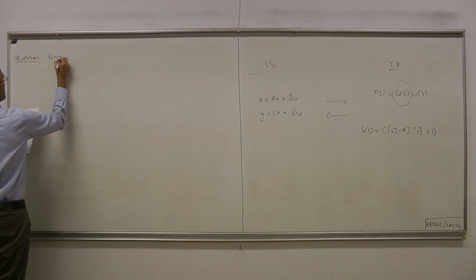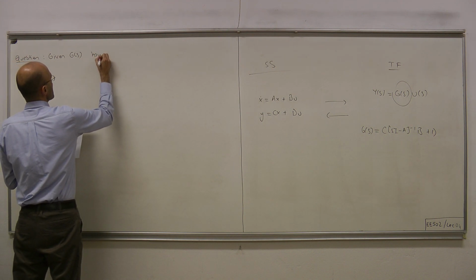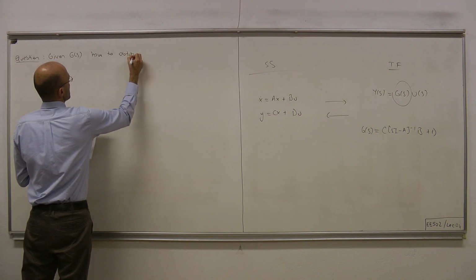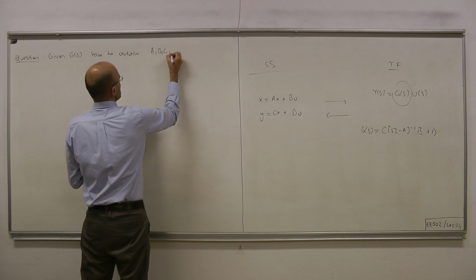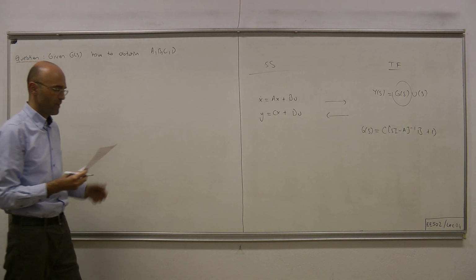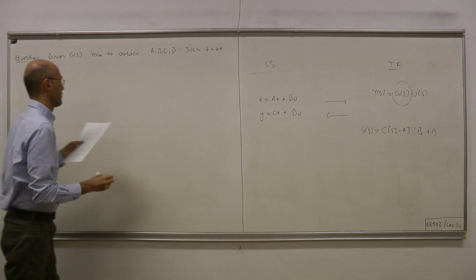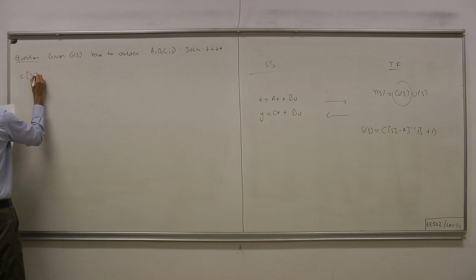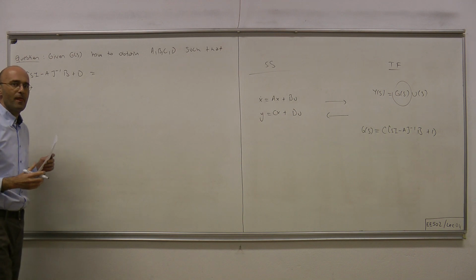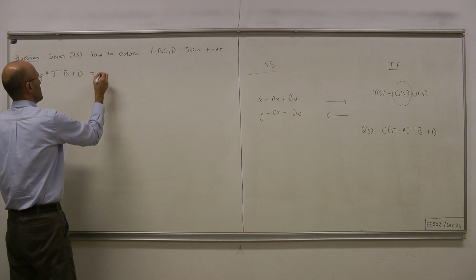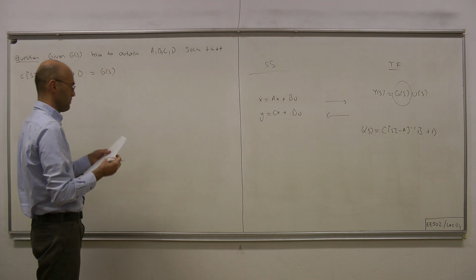Given a transfer function G of s, how to obtain the matrices A, B, C, D such that, when put into this expression, the right-hand side becomes equal to the given transfer function G of s.